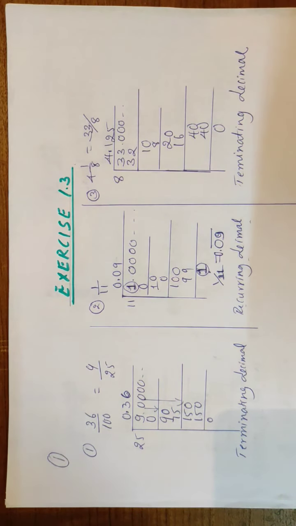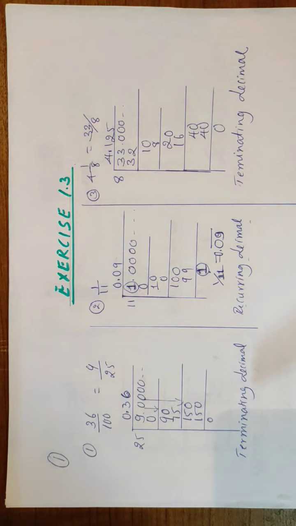Dear students, you know the decimal expansion of a rational number is either terminating or recurring. So we have to find out whether the decimal expansion is terminating or recurring.